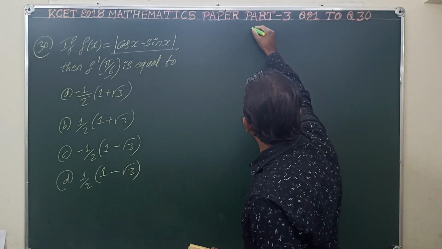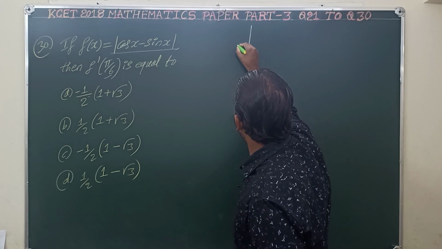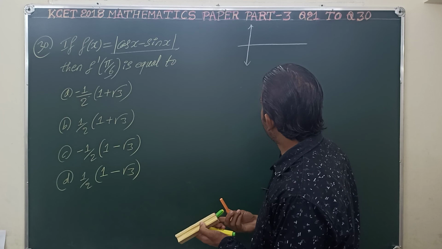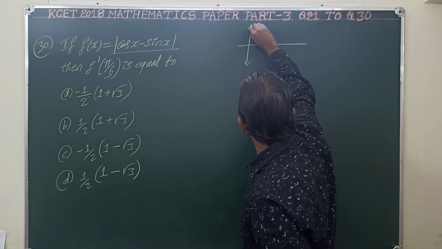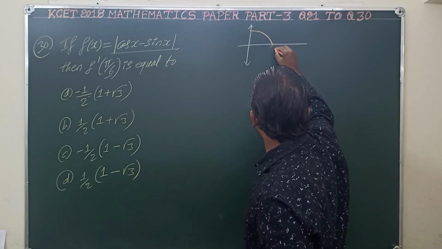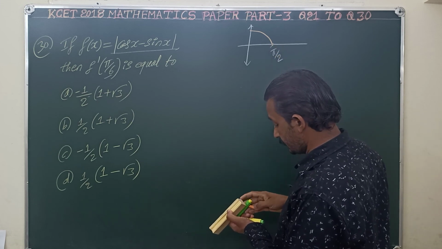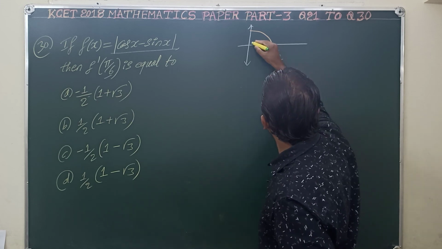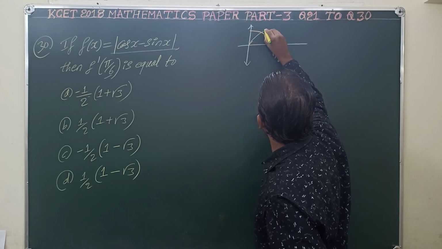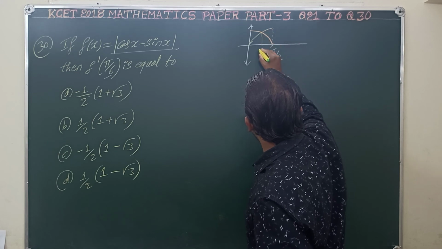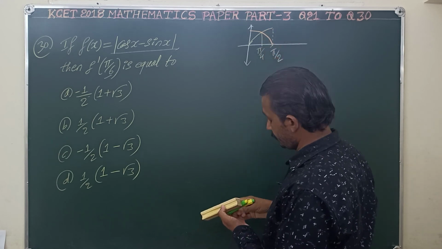So in this case we have to find f of x at pi by 6, so we can draw a rough figure of the cos x and sin x curves. Cos x, cos 0 is 1, this is pi by 2. Next sin x, sin 0 is 0, this is pi by 2, this is pi by 4, 45 degree.